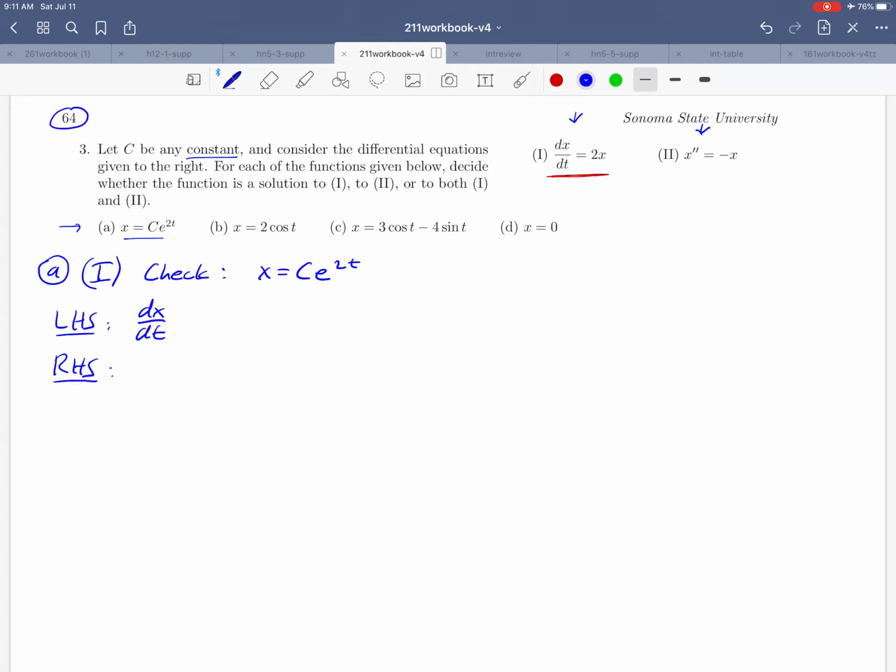The left-hand side is dx/dt and the right-hand side is 2x. Then we're going to substitute x in for both of those, and in our case, x is equal to c e to the 2t. So we will literally substitute it in for the x's in both the left and the right-hand side.